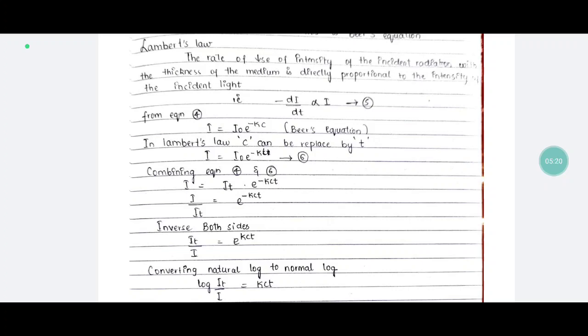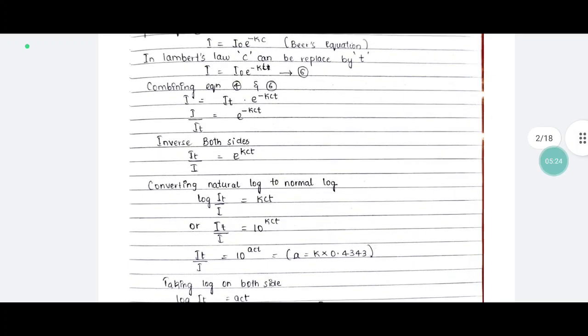The minus will be gone because of inverting both sides. Converting the natural log to the normal log, it becomes log I_t divided by I is equal to kCt. The e will be gone due to the normal logarithm, or I_t is equal to 10 to the kCt.